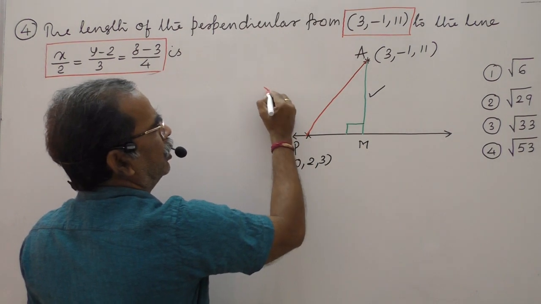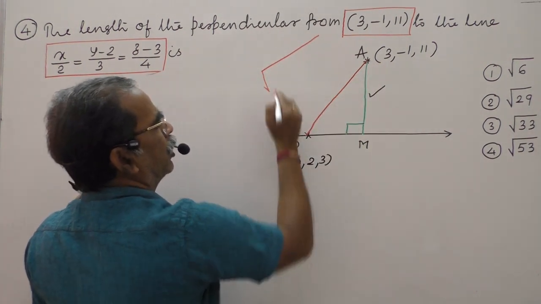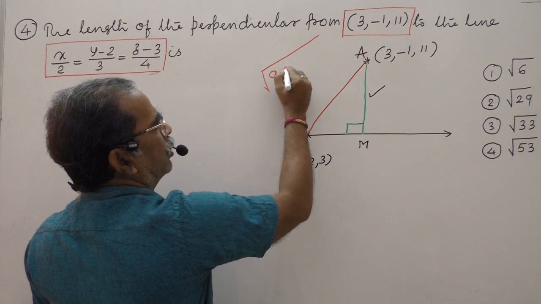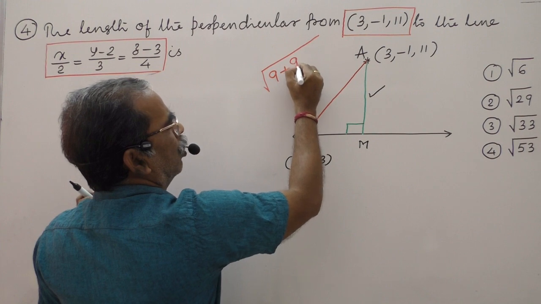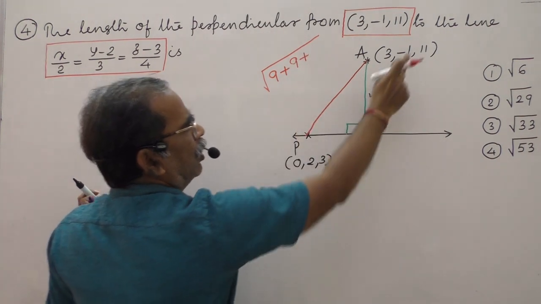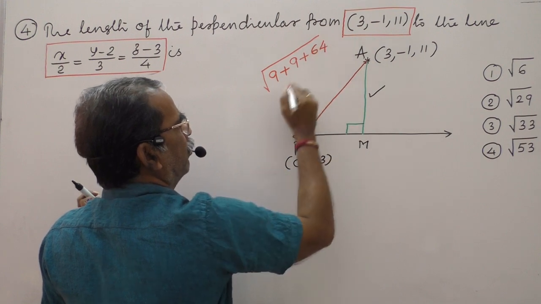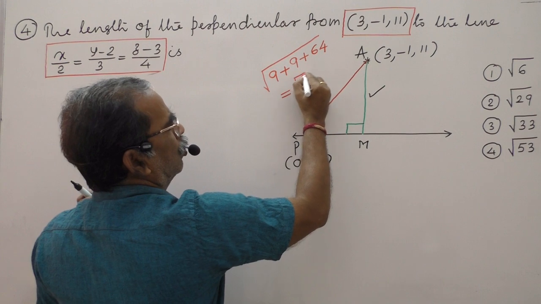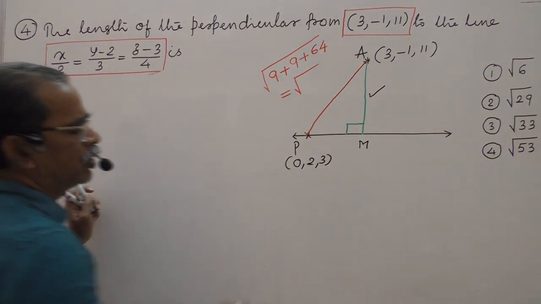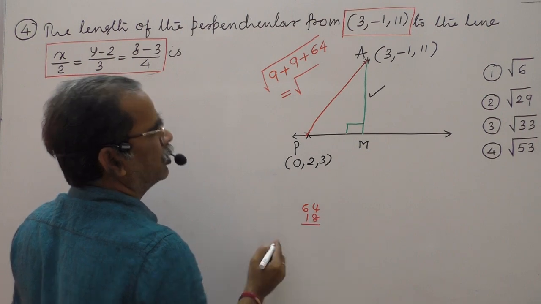I will find this length: root over 3 minus 0, 3 square is 9, minus 1 minus 2, minus 3 whole square is 9, 11 minus 3, 8 whole square is 64. Therefore this is root over 64 plus 18, what is this? 82.